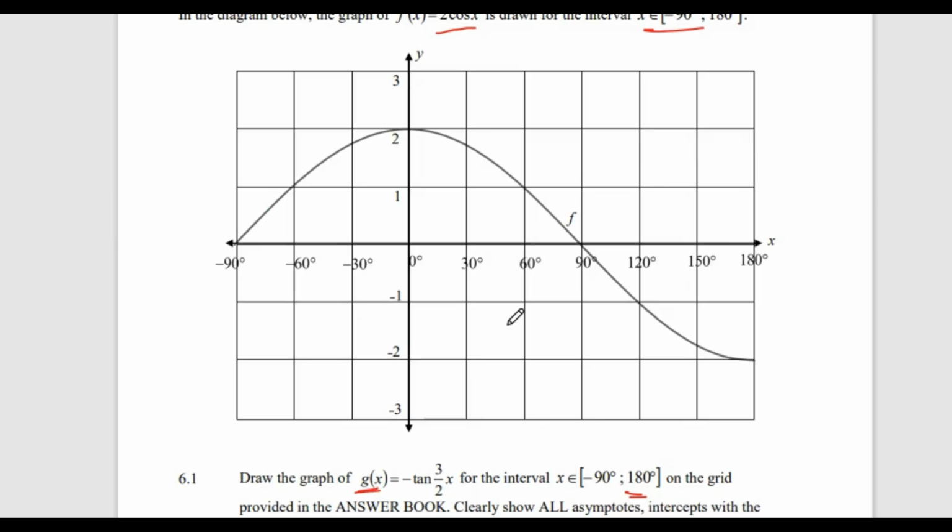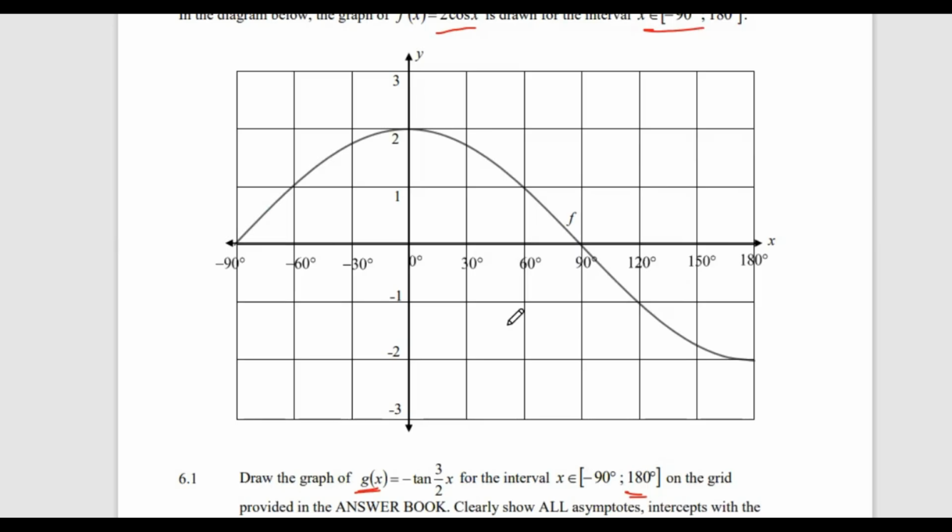Whichever one just gives you the results quickest. So I'm starting from negative 90, ending at 180, and then the steps of it.